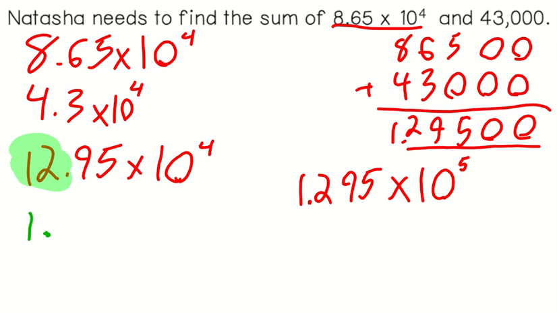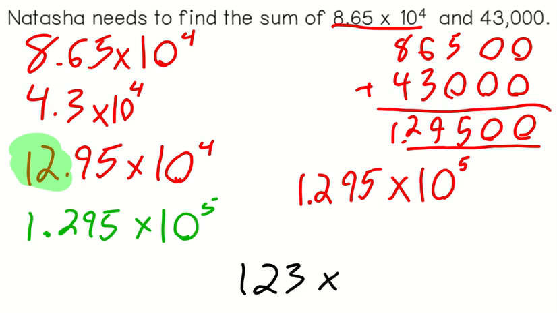If I change my decimal, I'm adding another number to the right, aren't I? So if I add another number to the right, I have to add 1 to my exponent. Does that make sense? It shouldn't happen this way, but just as an example then, let's say we had 123 times 10 to the 3rd power.